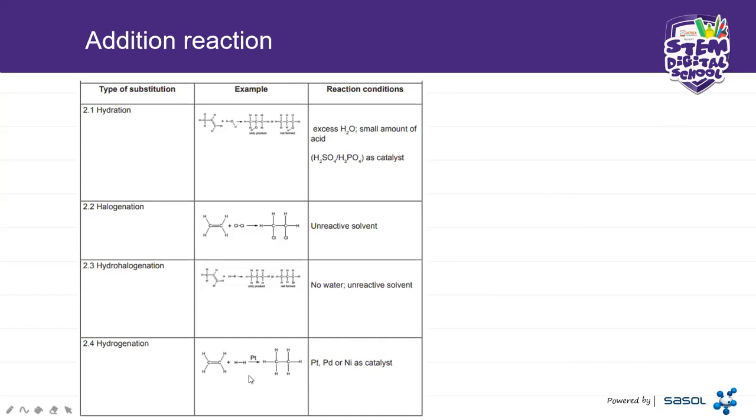So we don't just add an H standing alone, it's H2, okay? Even with our halogen, it's not going to be just one Cl, it's going to be Cl2, okay? Remember that. And here, we always have a catalyst as Pt, Pd, or nickel, okay? So any one of these can be your catalyst. Make sure that you get it right.